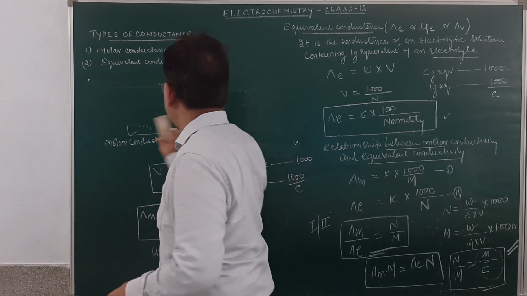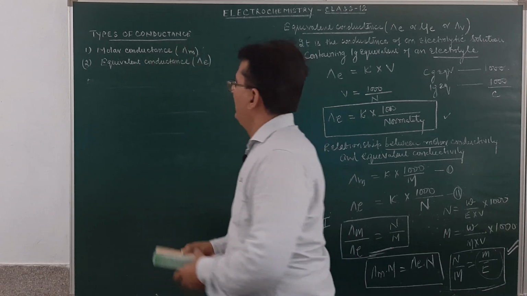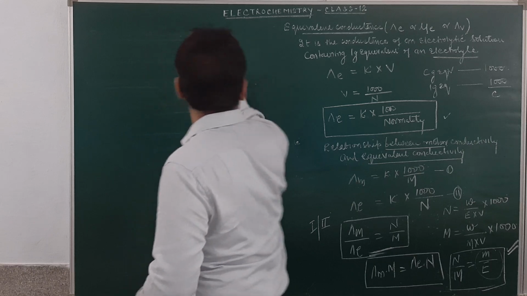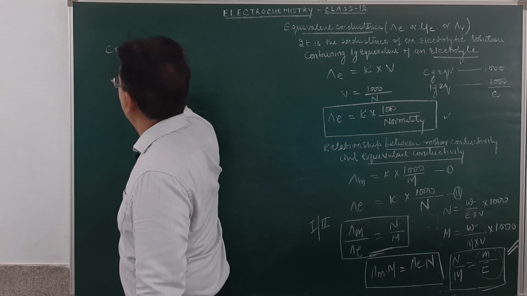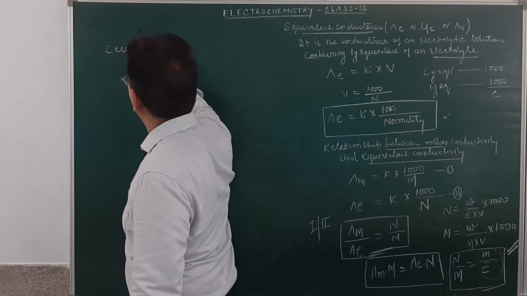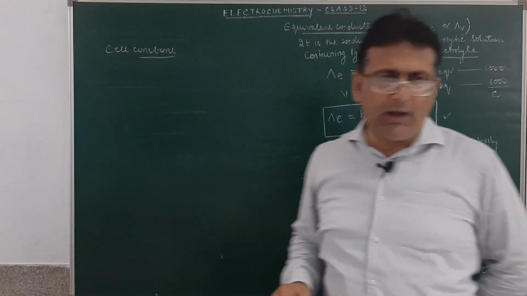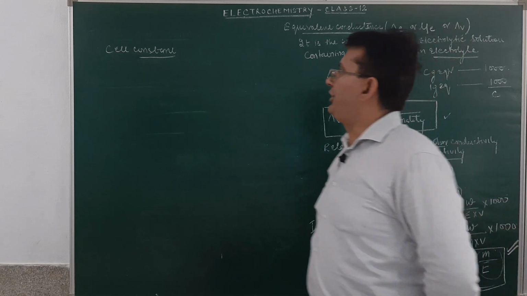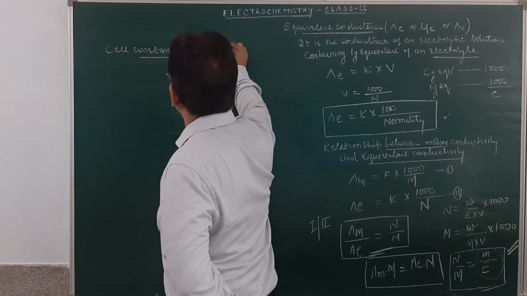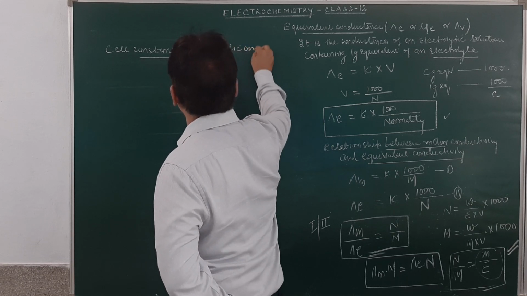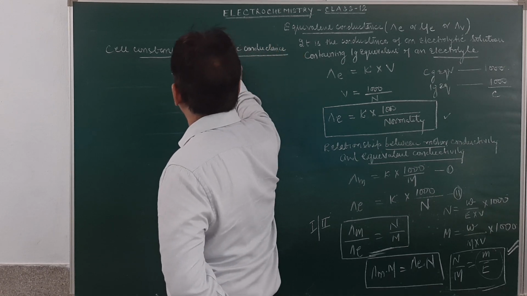The cell constant will be a ratio, and I told you the formula last day, it was equal to l upon A. So it is the ratio of specific conductance to conductance.